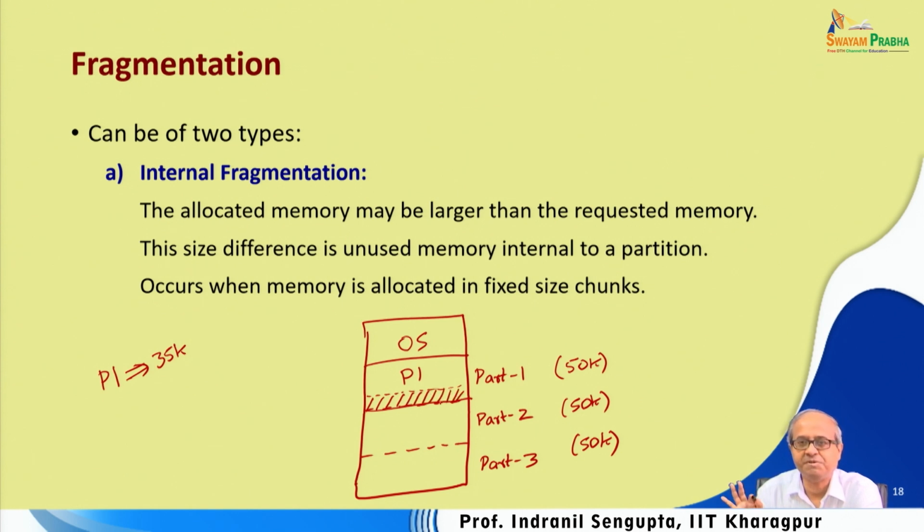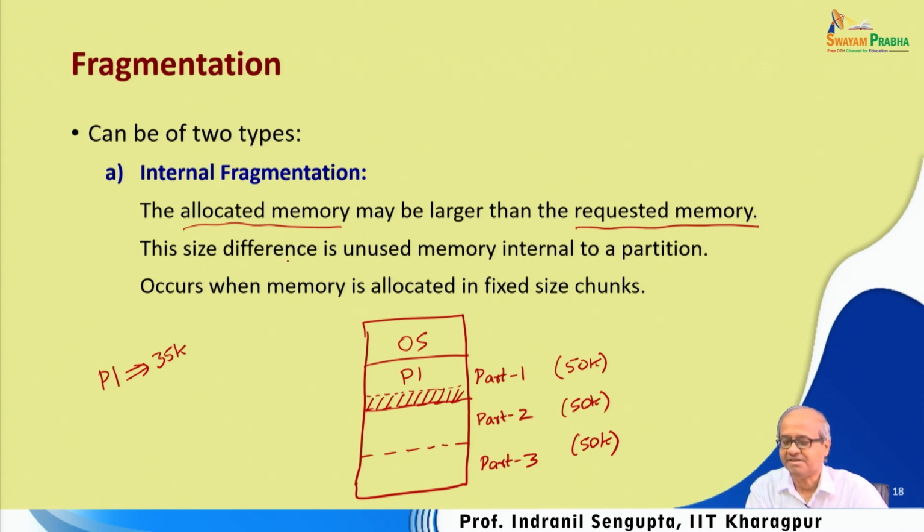This unused space cannot be used by any other process, because it is within that same partition. So, the idea is that the memory you are allocating may be larger than the requested memory. You are requesting 35K, but according to your policy you are allocating 50K. So, within the allocated space there is some memory which is not being used.